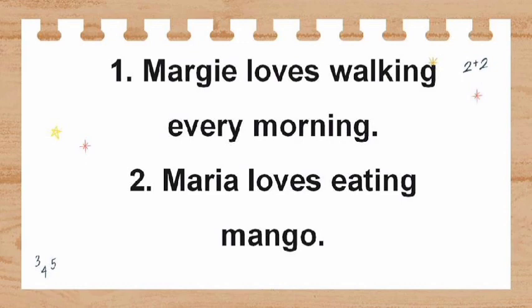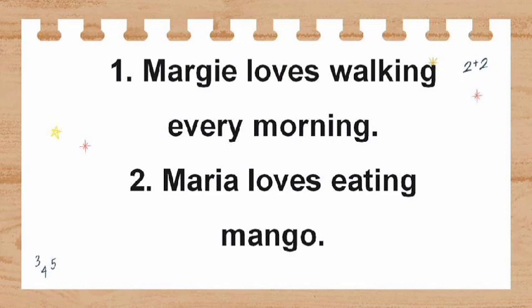In our example number 1, the verb there is Margie loves walking, and Maria loves eating is the verb in example number 2. Loves walking and loves eating, those are our action verbs. So class, did you now understand the difference of noun and verbs? Yes or yes? Yes, of course.